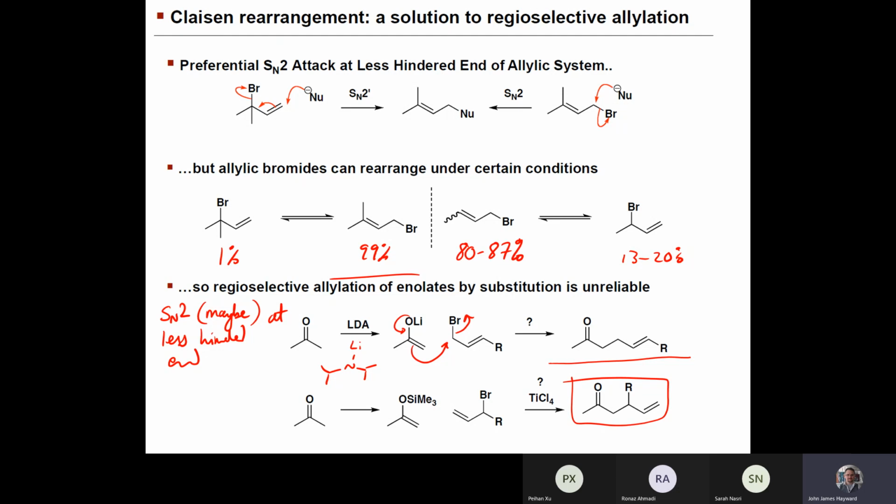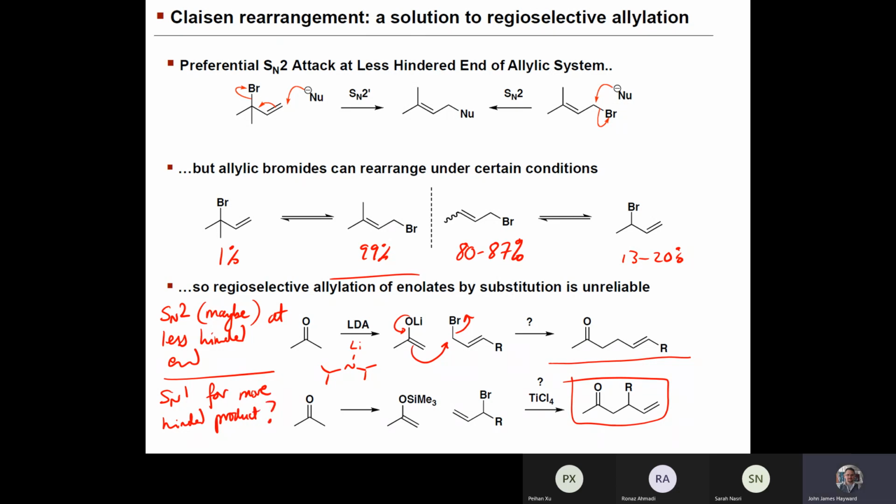What about if we want to get the more hindered product, though? What do we do then? Well, maybe we could do that under more cationic conditions. SN1 for more hindered product?